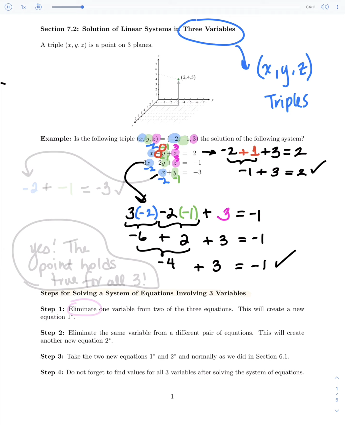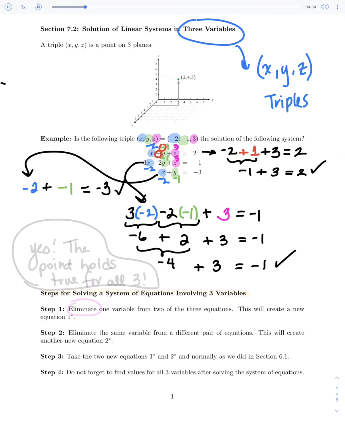Now I just need to check this last equation. The last equation said that we had our x value as -2 plus our y value was plugged in at -1. And the question is, does that equal -3? Does -2 plus -1 equal -3? Yes, it does. So we're 3 for 3.